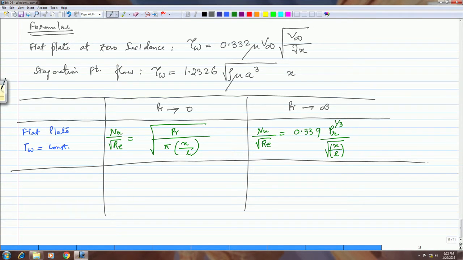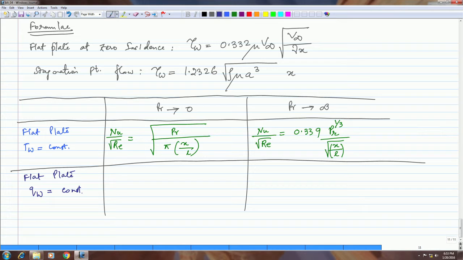Okay, so then the next one is for the Neumann condition, where the heat flux is given, that's constant, right. So, basically the gradient of the temperature. Okay.